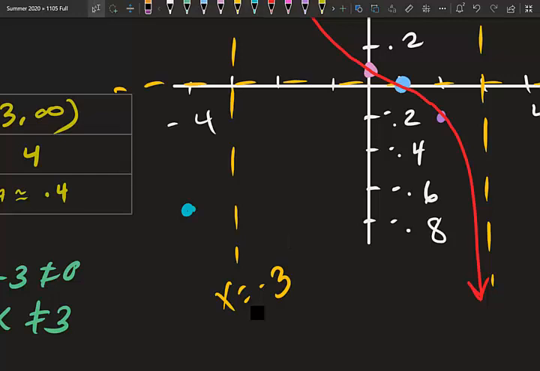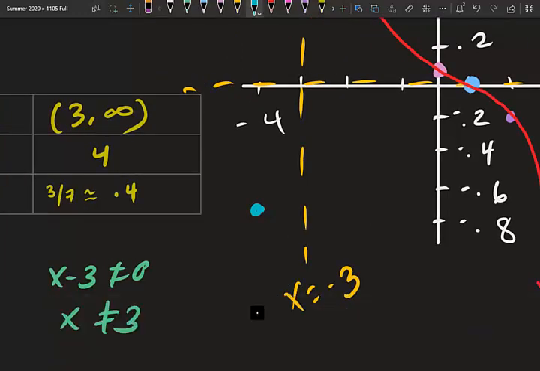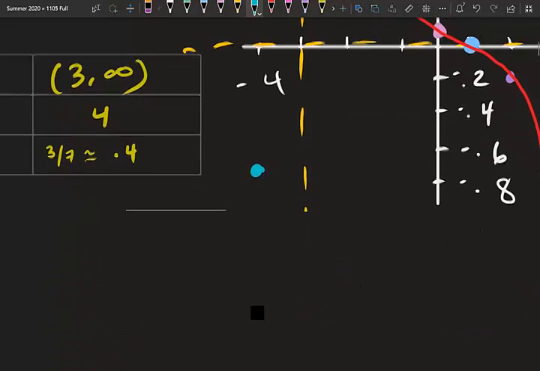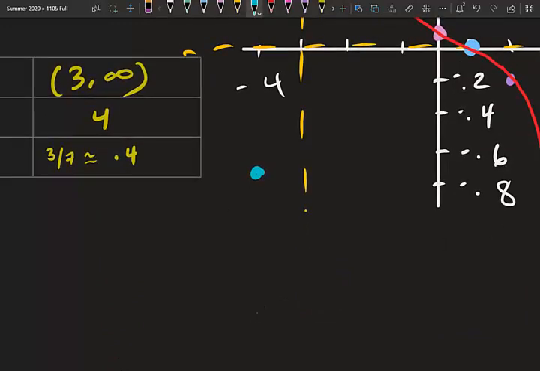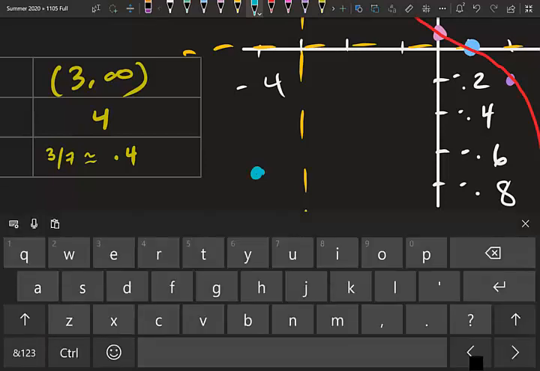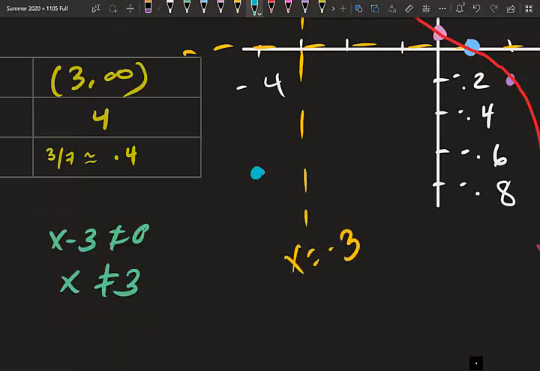So we approach the asymptote. We're coming from it. Sorry. So we are coming from that asymptote. And we kind of just follow it along as best as we can.